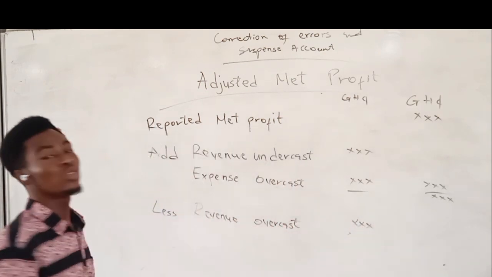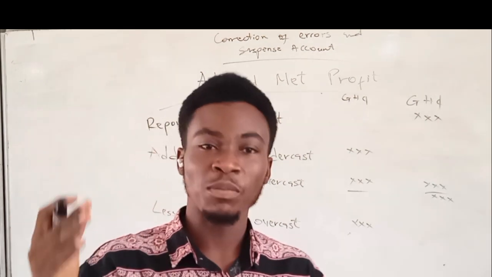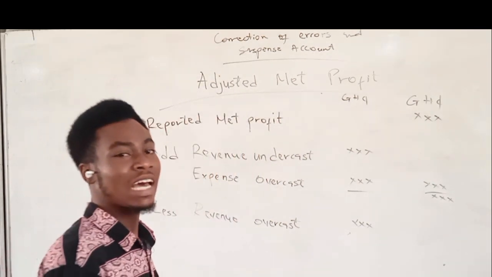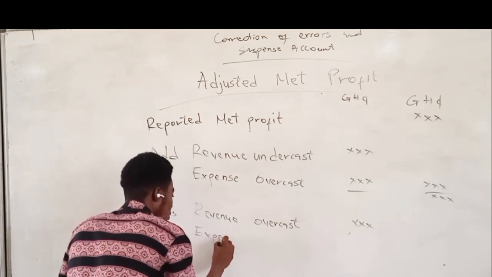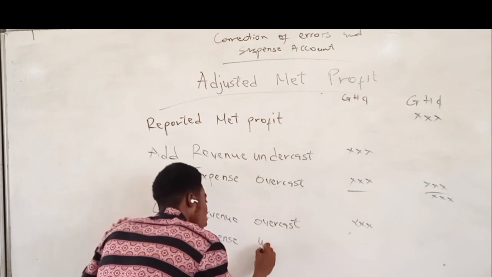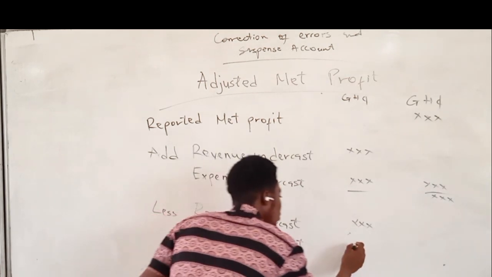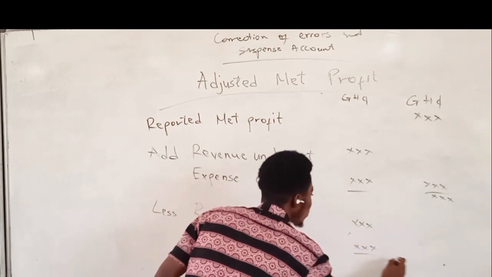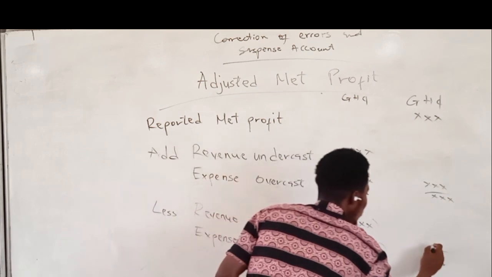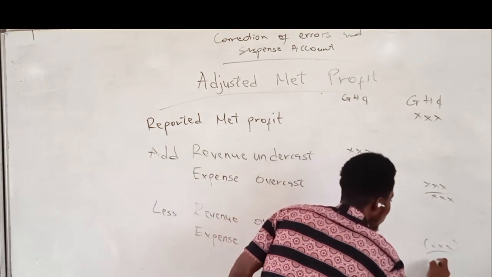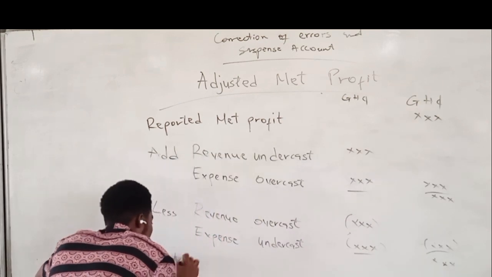And then also, when expenses is undercast, it's going to increase the profit. So you less expense undercast. So that's your adjusted net profit.